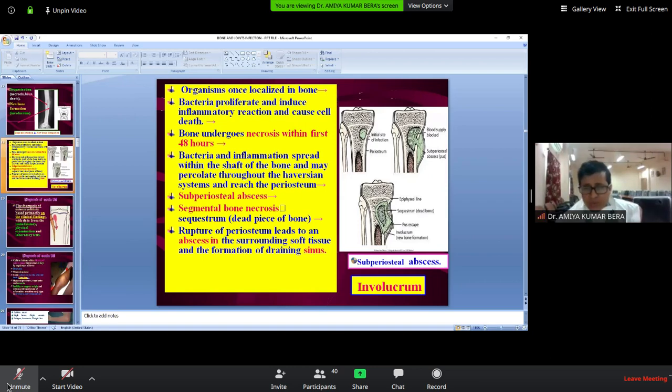So if a baby or child presents after 24 to 48 hours with a strong suspicion, and fever is not controlled with antibiotics, we should not delay making multiple drill holes so that pus comes out.